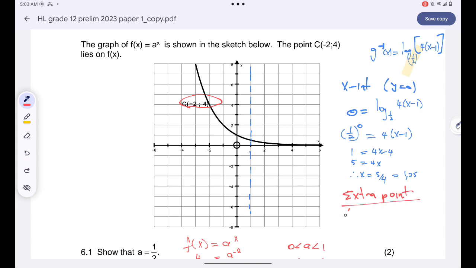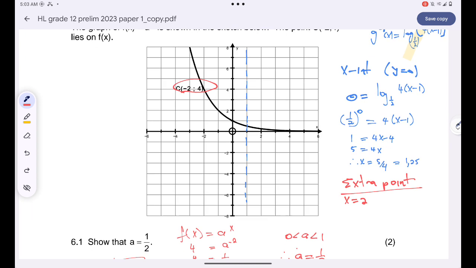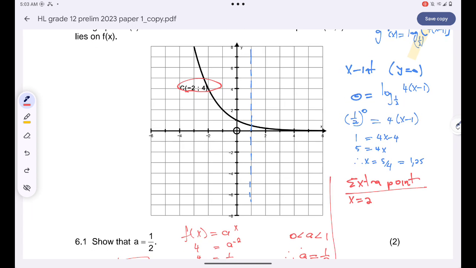We'll find an extra point when x is equal to 2. Let's go and find the corresponding y value when x is equal to 2. The corresponding y value when x is equal to 2 is log of 4 multiplied by 2 minus 1 to the base half.